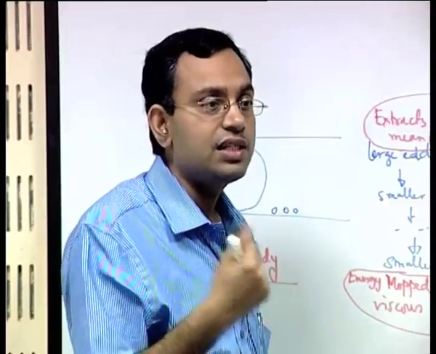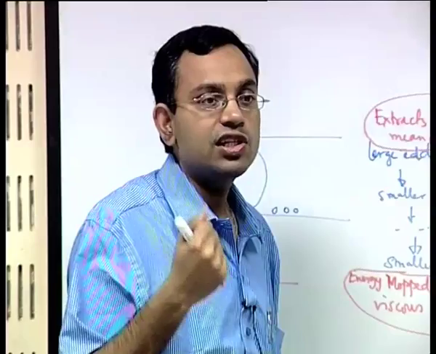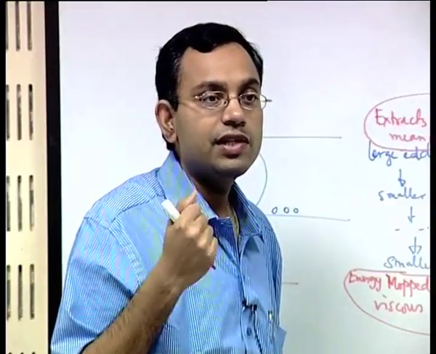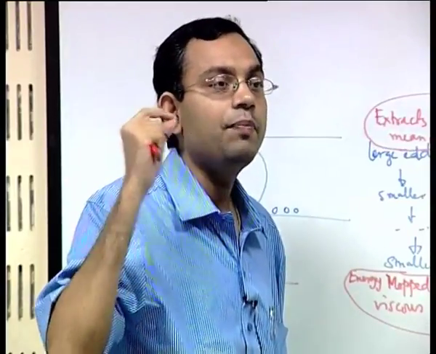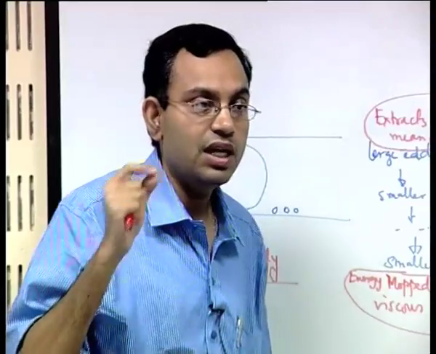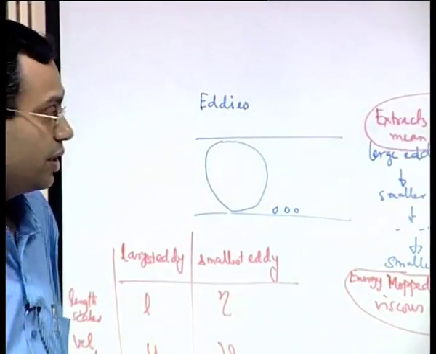That means the smallest eddy will be characterized by a corresponding Reynolds number, based on that length scale, of the order of 1. That is, the inertia force will just be balanced by the viscous force, so that the Reynolds number will be of the order of 1.